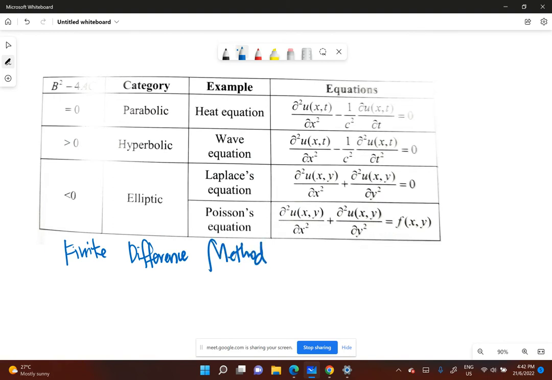So that means daripada formula kat sini, heat equation or wave equation or Laplace equation or Poisson equation, we have to change into finite difference form.